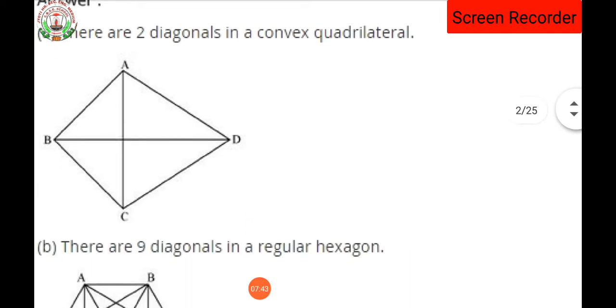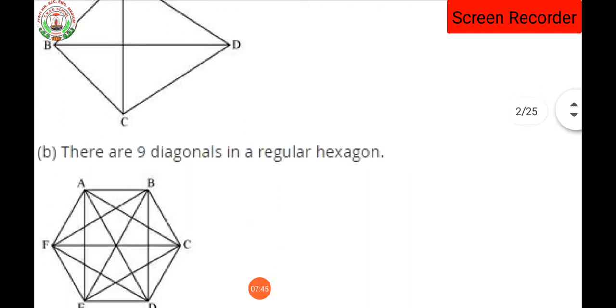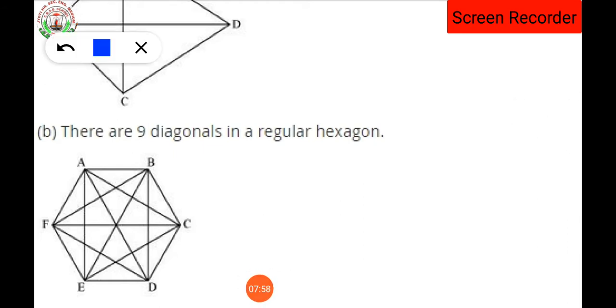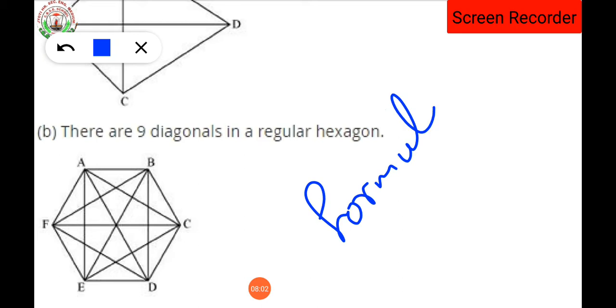Clear? Now B part of the question is, how many diagonals does a regular hexagon have? So there are 9 diagonals in a regular hexagon. Okay, so here is the figure of how to draw. One formula is also there, students, for finding the diagonals. You can ask me, teacher, how is 9 diagonals possible, isn't it?